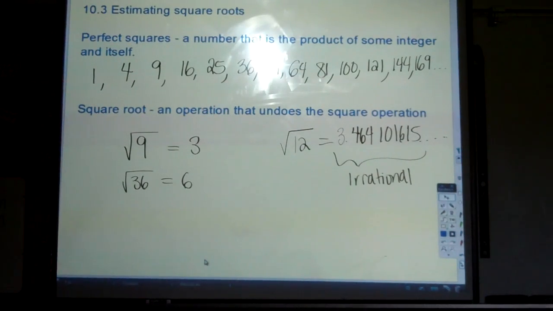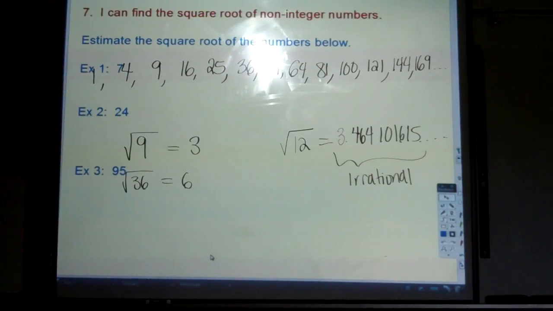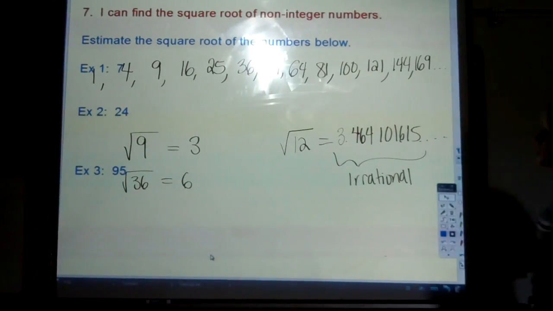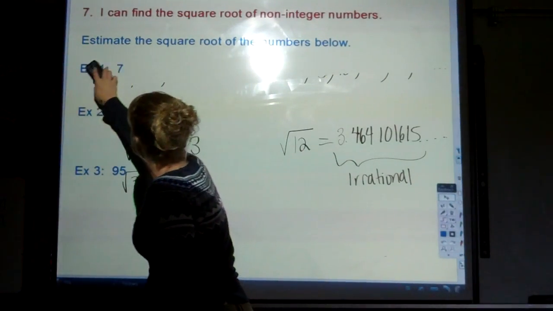Now, our goal is to estimate square roots. So we can estimate the square roots here. Let's do these examples.